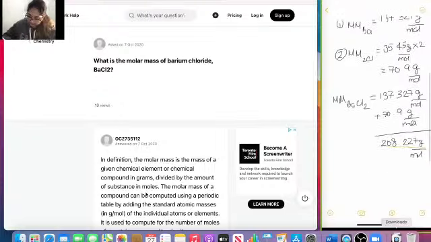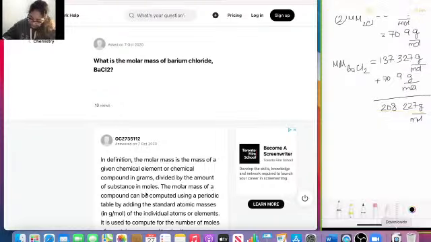Okay, and so therefore the molar mass of barium chloride is 208.277 grams per mole. When we're dealing with molar mass, the unit is always grams per mole.